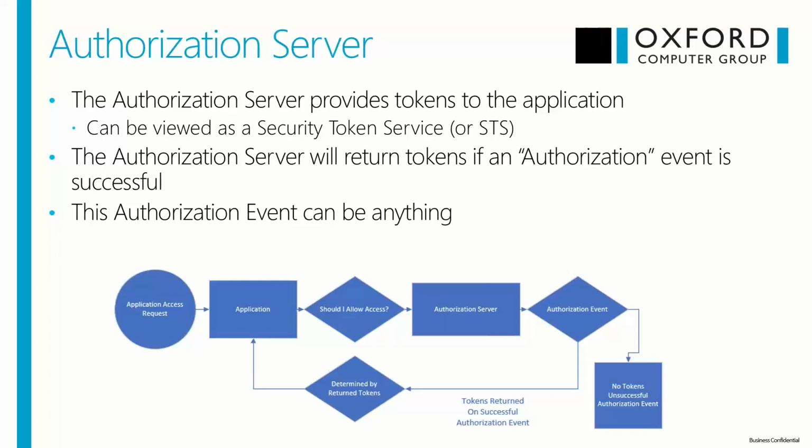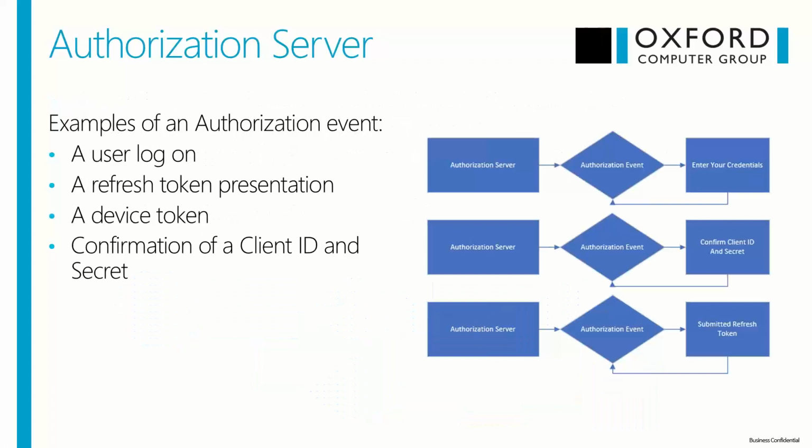The important thing to know is that the authorization event can be anything, and only if that's successful will you get a token. Looking at how this happens within Azure, the authorization event can be a user logon. It can be a refresh token. It can be a device token. It can be the confirmation of an ID and secret. It can be anything that you want it to be, as long as it interfaces with your authorization server.